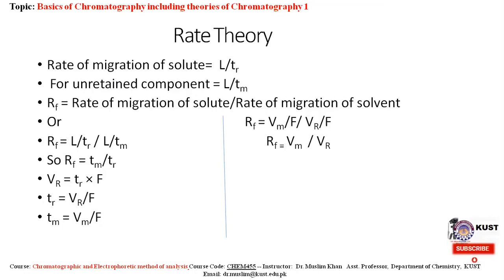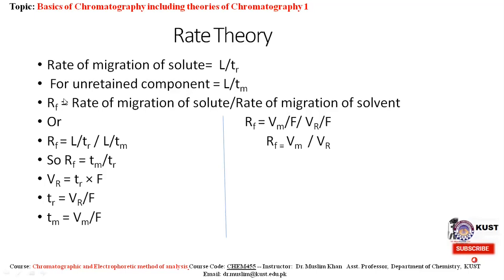Thus, the rate of migration of the unretained component is equal to L divided by Tm, where Tm is the time taken by the unretained component, or the time taken by the solvent, to come out of the column. This is also called the void time or void volume.